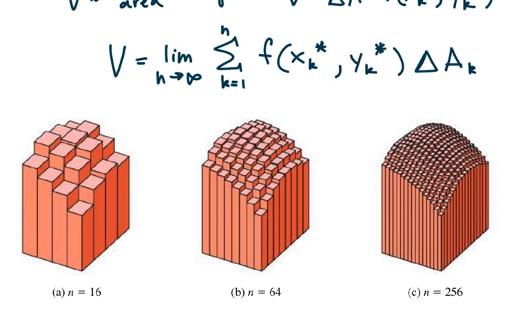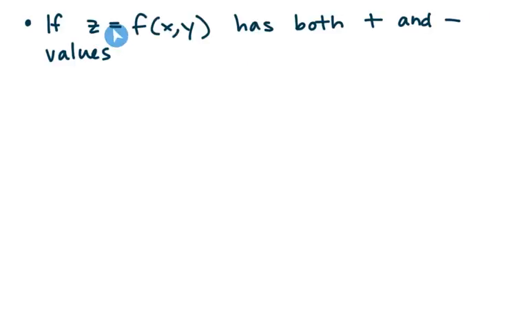Okay, so this is our formal definition, and I think it's important for you to understand what we're doing. Now, we have a couple of things we want to keep in mind. If my surface has both positive and negative values on that region, what do you remember from Calc 1?